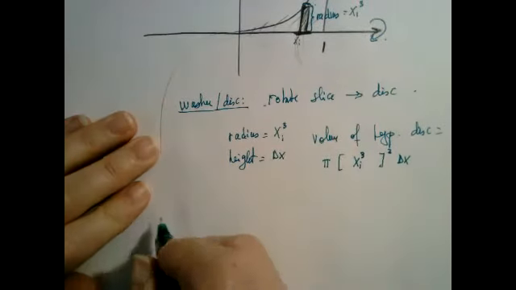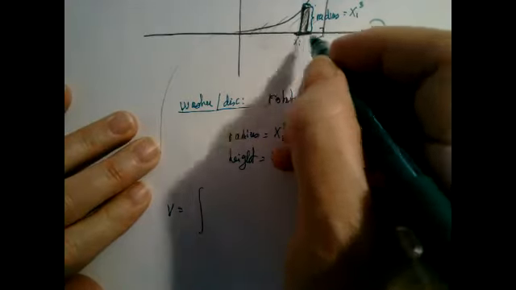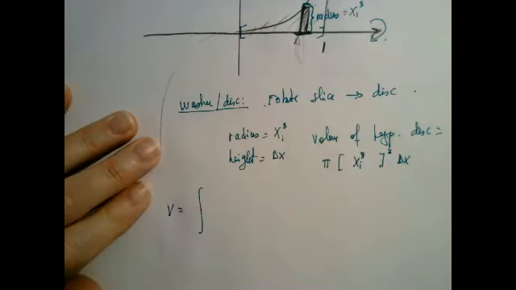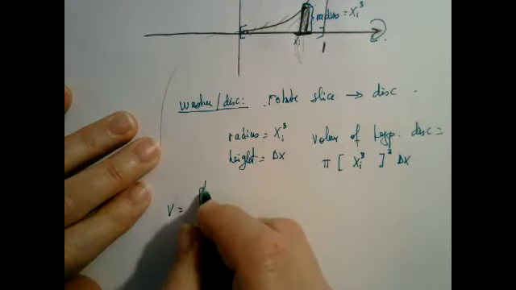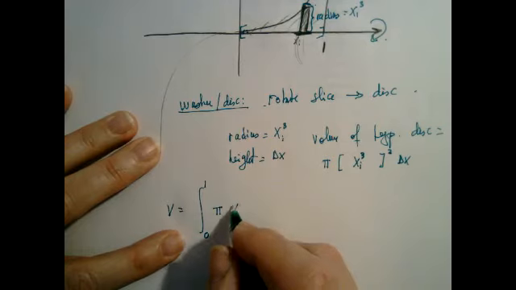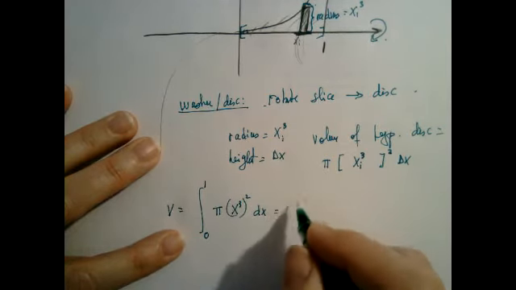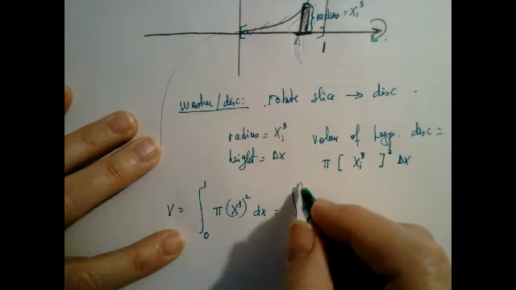Okay, so now the total volume, we add the little volumes. To add them, I have to divide the interval between 0 and 1 into rectangles and split each. So I will have the integral from 0 to 1, pi times x cubed squared dx. And now I simplify and I proceed.